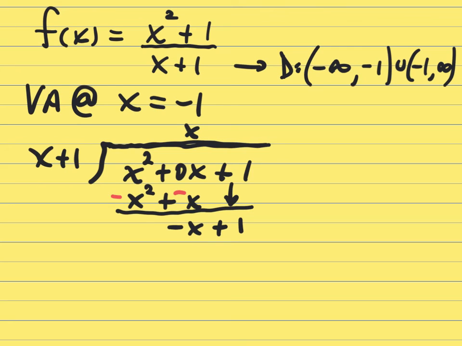Negative x divided by x is negative 1. Negative 1 times the divisor, that's negative x minus 1. Change your signs, and we get a remainder of 2. You don't have to worry about the remainder when you're looking for a slant asymptote.